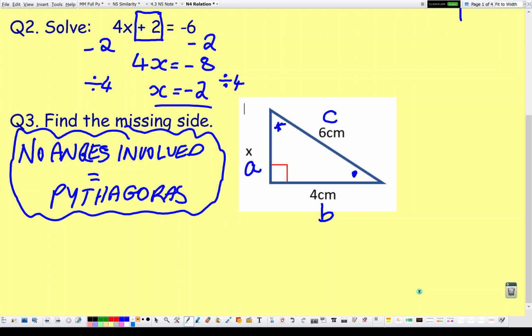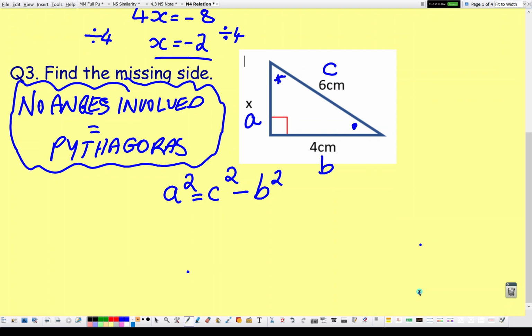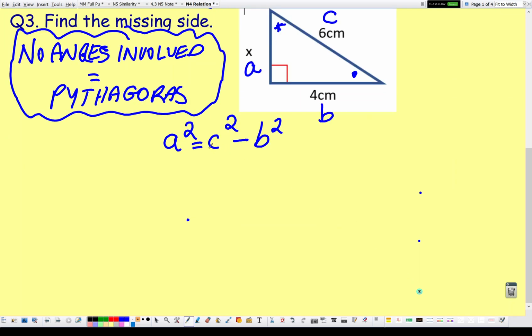Okay, so if you've drawn that triangle, you've labelled it A, B and C. We are looking for a smaller side here, therefore we use Pythagoras theorem for a smaller side, which is A squared equals C squared subtract B squared. Okay, not adding, we are subtracting when we're finding a smaller side. Bigger one squared, take away the smaller one squared.